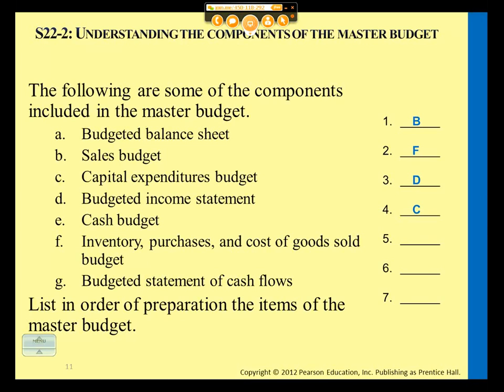Okay, number 6. Budgeted what? You sure? Why not statement of cash flows? Yes, it is. That's right. So 6 is your budgeted balance sheet and then your cash flows.